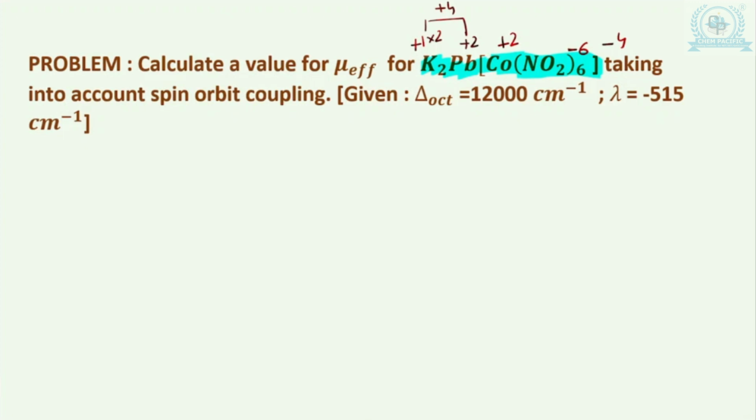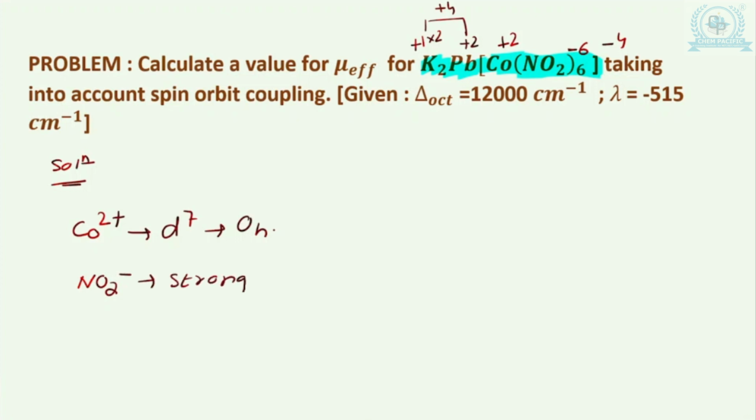So here you can see that in the solution, the information we write is: cobalt 2, this is very interesting. This is d7 and this is in octahedral field. Along with that, we have seen that the ligand in this case is a strong field ligand, right? Strong field ligand, and this will result in the low spin.